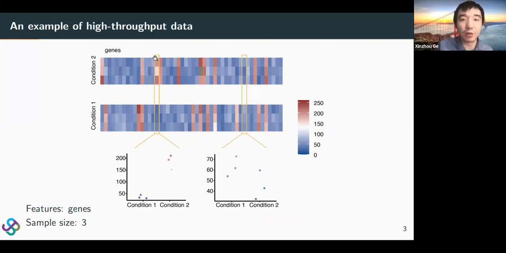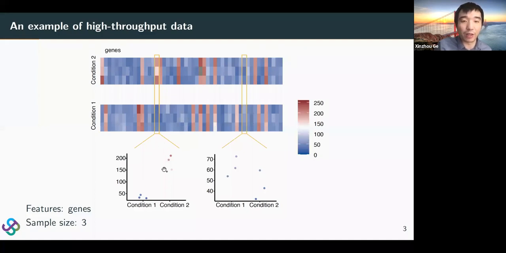If the gene has high expression, for example, this gene here, all these 3 patients have red or high expression for condition 2. So it may mean that the gene in these patients is very active. And if we look at condition 1, we can see that for the same gene, this gene is not so active in condition 1.